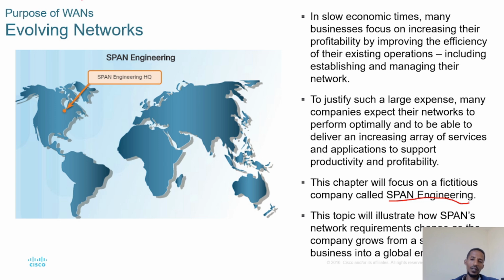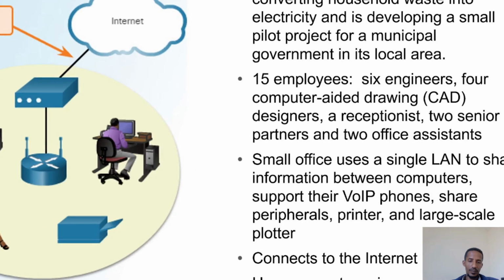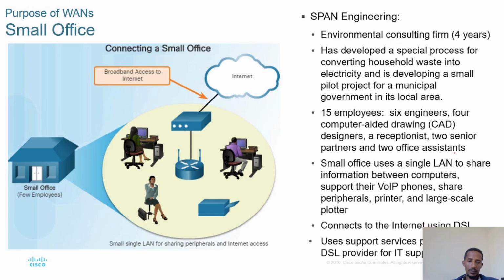We are going to follow how the company grows. Initially, the organization we call Span Engineering was a small organization with 15 employees. This is a small organization, and they are usually in one local area.